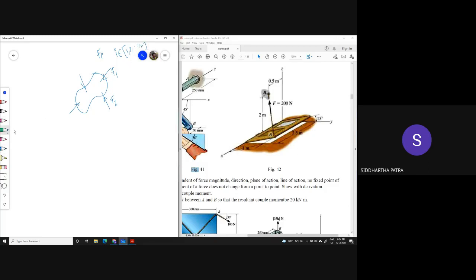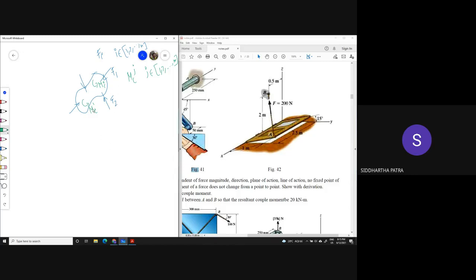And similarly, there are couple moments acting on the body, multiple of those. So there are MCj, with j ranging from 1 to m. This is a general situation, right?